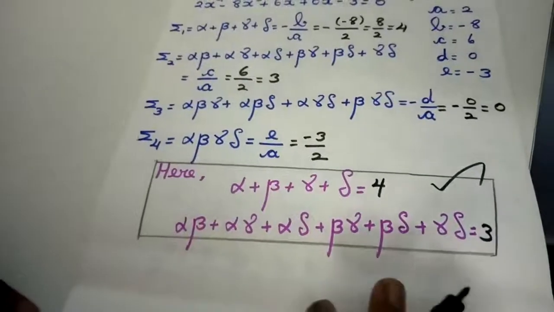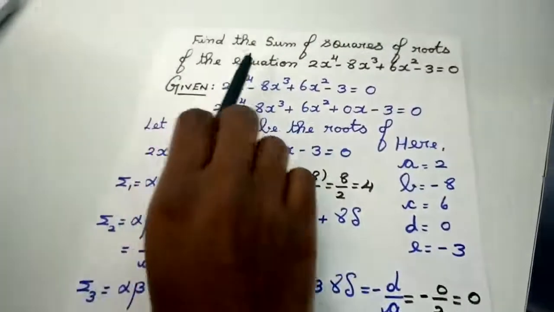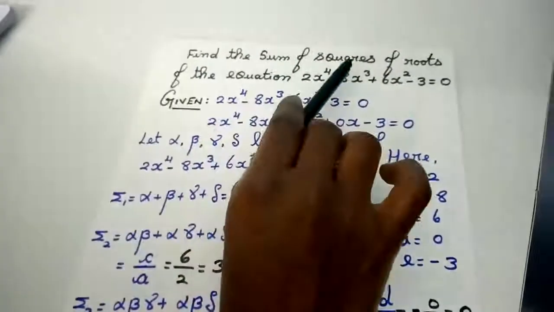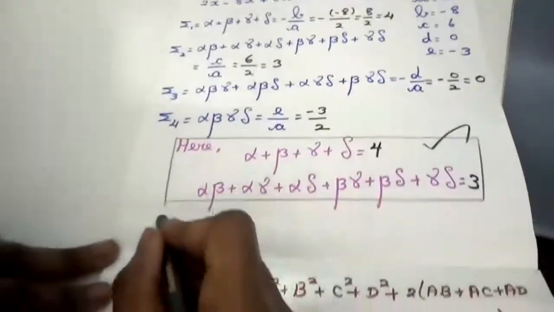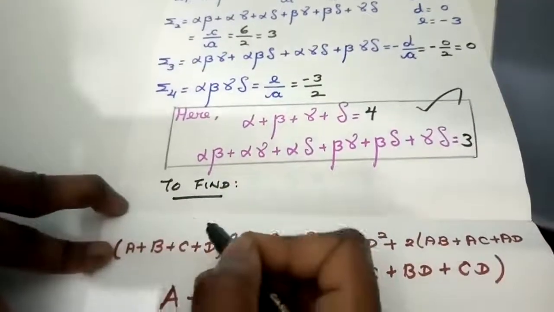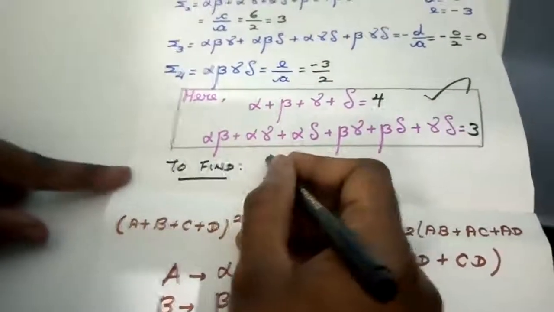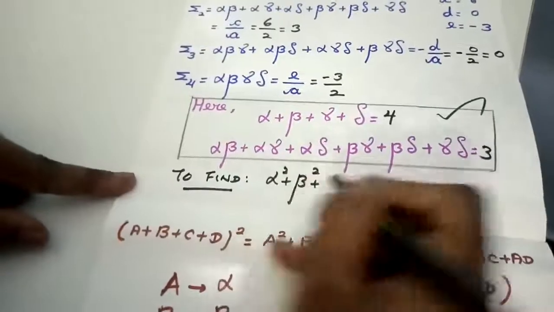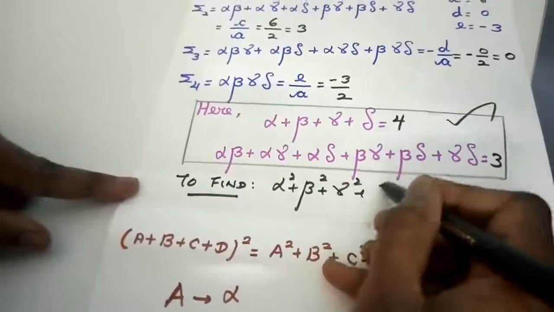Now, what is the question they are asking you, students? They have asked you to find the sum of squares of roots. The meaning of sum of squares of roots is, since I have taken the roots as alpha, beta, gamma and delta, we are going to find alpha square plus beta square plus gamma square plus delta square.